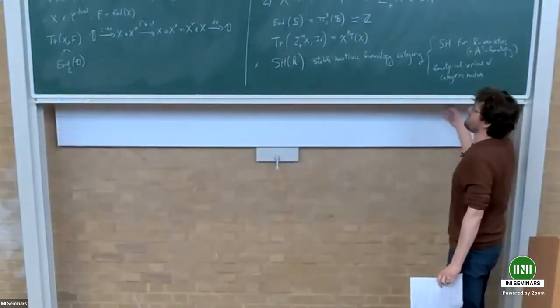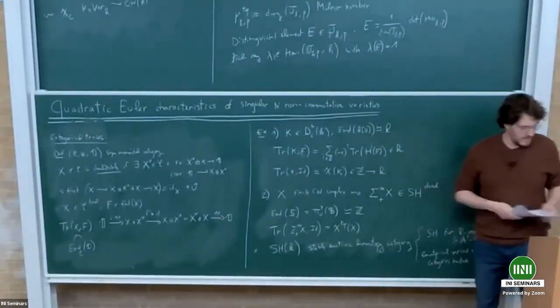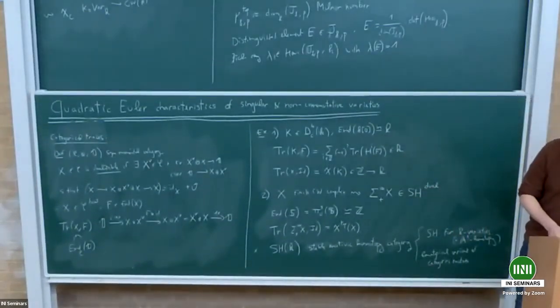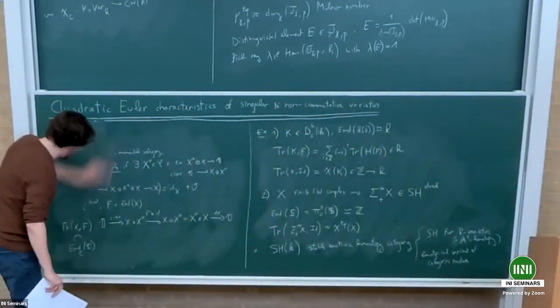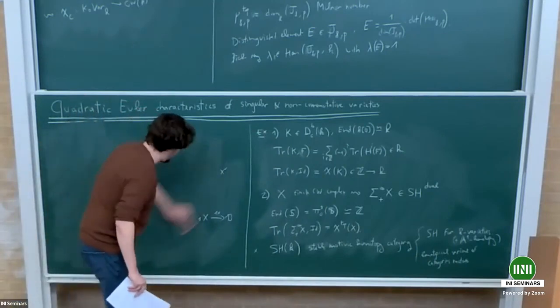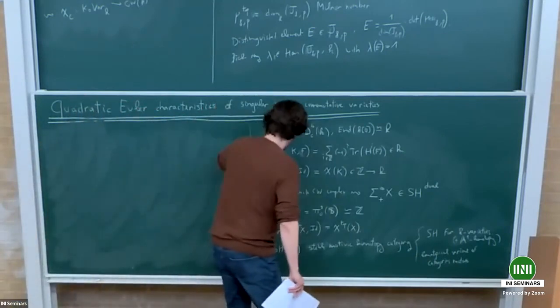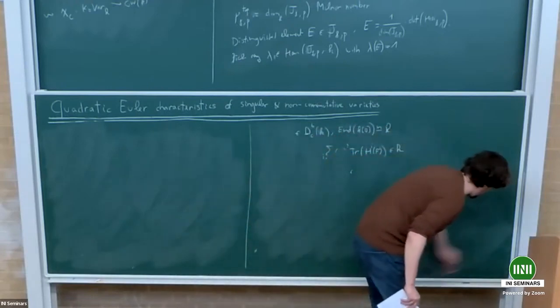So one advantage of this is that it's much more computable than Hodge cohomology of a smooth projective variety. It's given to you as a finite dimensional thing, and so you can compute this quite explicitly in any given example.